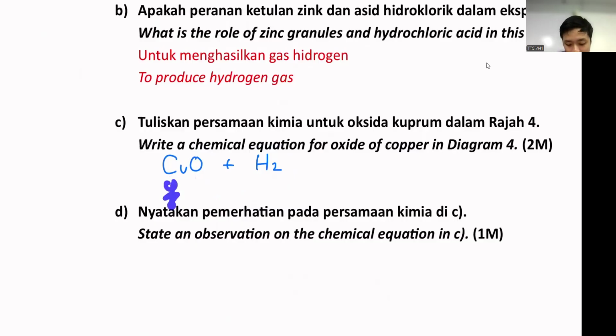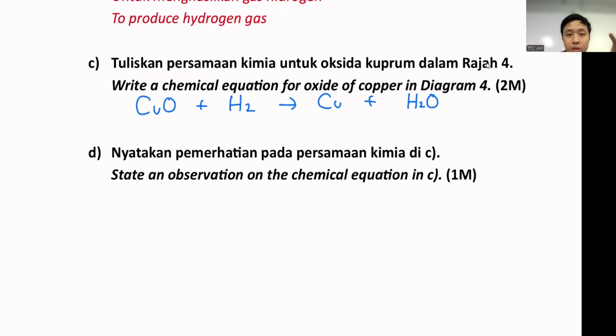Then H2 snatches Cu's girlfriend away, because H2 is smarter, taller, better looking, stronger, more power. So now H2 becomes H2O, and Cu becomes single. Do I have to balance? No need, because it's already balanced. Cu is 1, O is 1 each side, H is 2 each side. So settle.